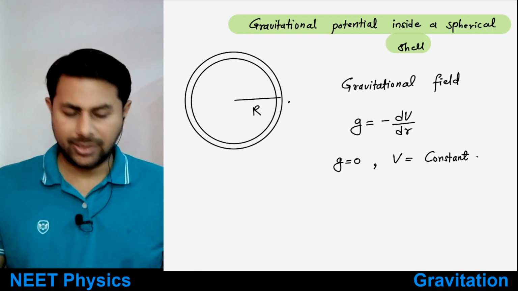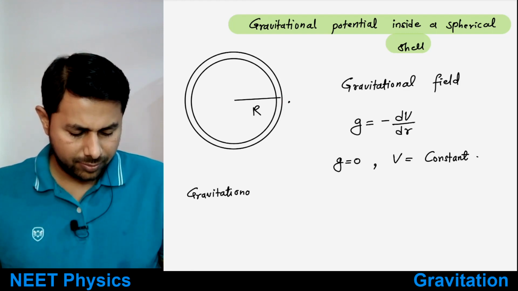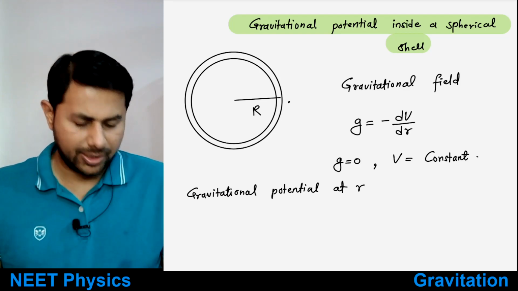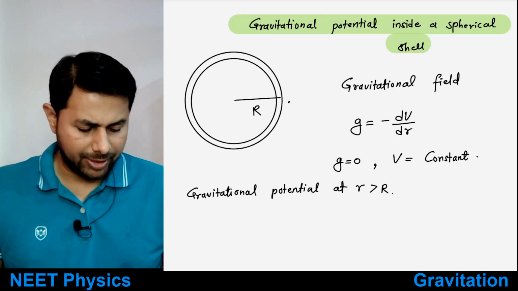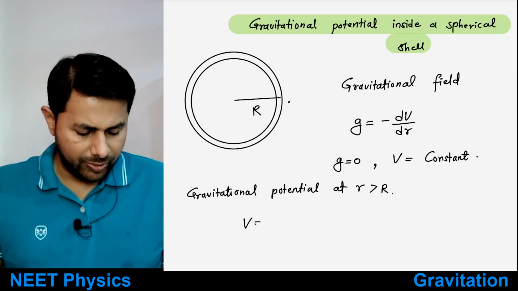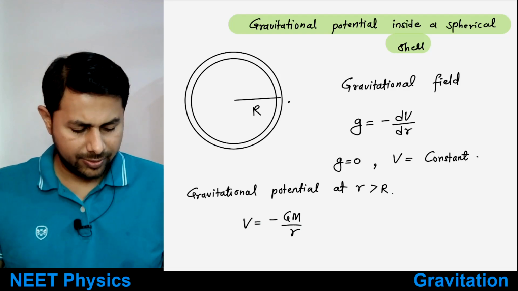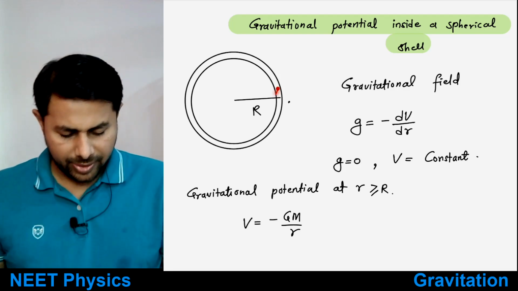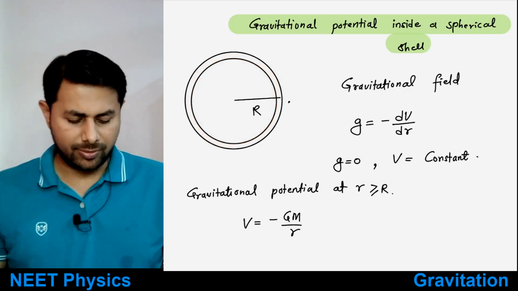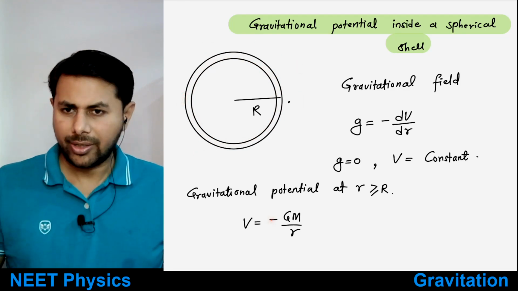Let's say here, what is gravitational potential at some position r, where r is greater than or equal to capital R? V would be equal to minus of Gm divided by r, right? This thing we know. If m is the mass of the shell, then its gravitational potential for a point which is outside would be equal to minus of Gm upon r.